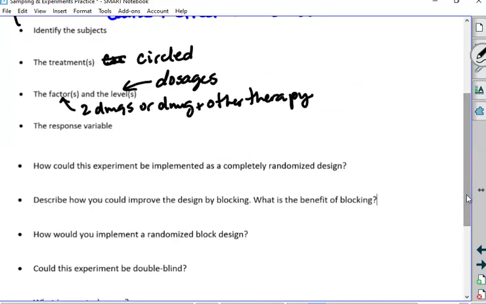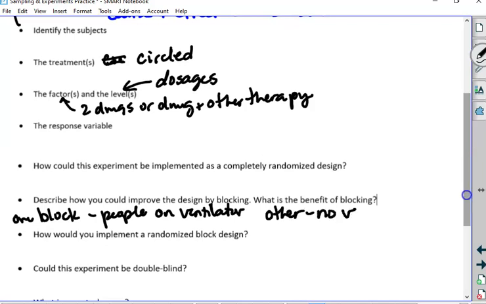How would you improve the design by blocking? Maybe we could have one block. It would be people on ventilators, other, no ventilators, or use other symptoms.